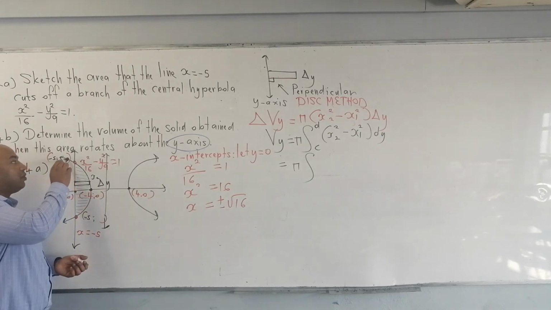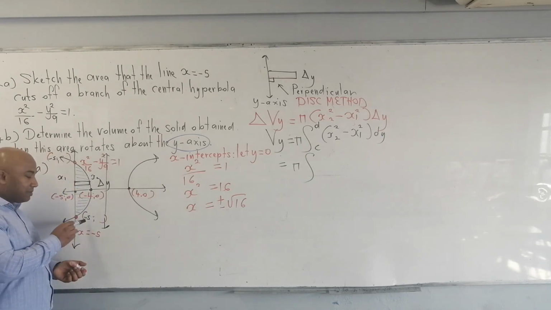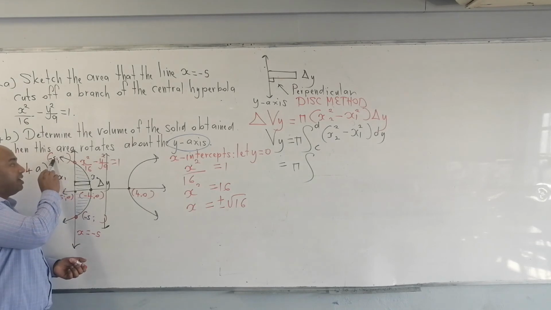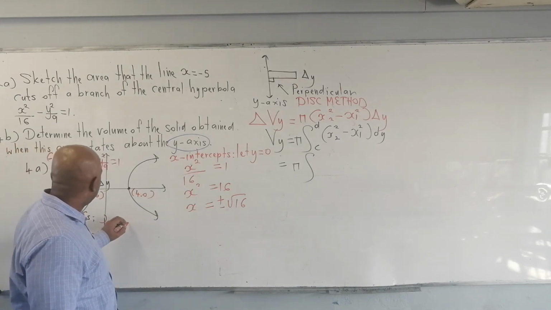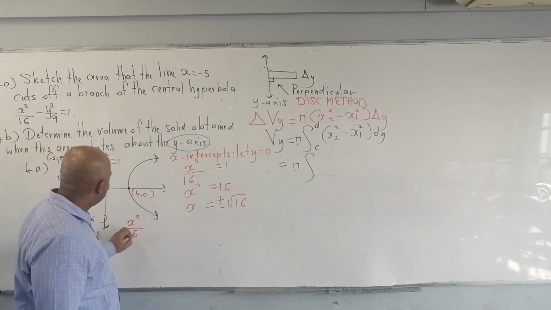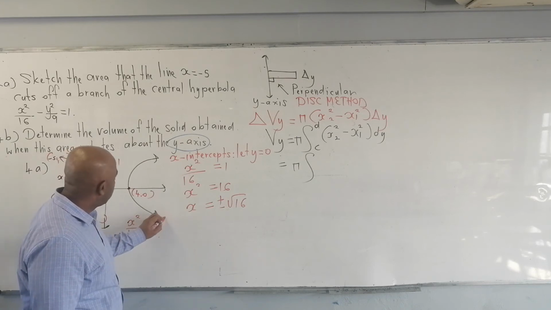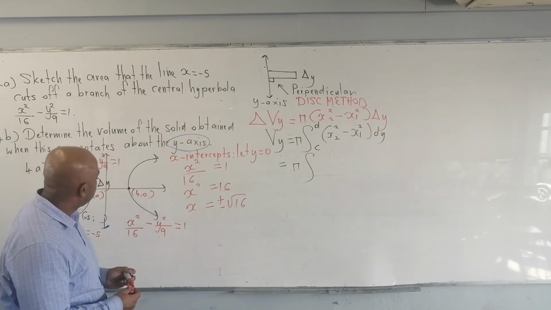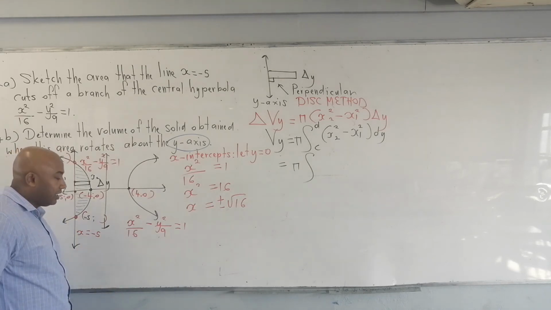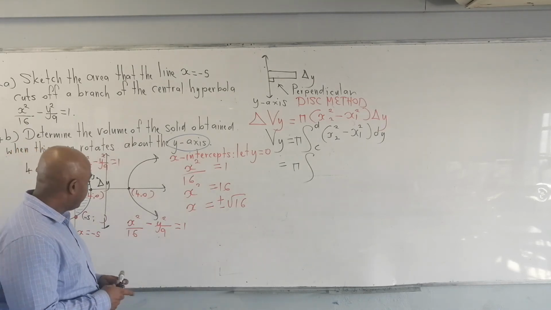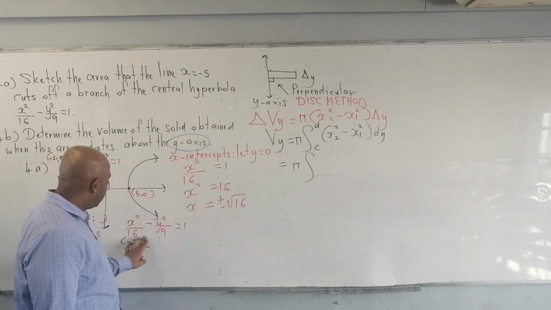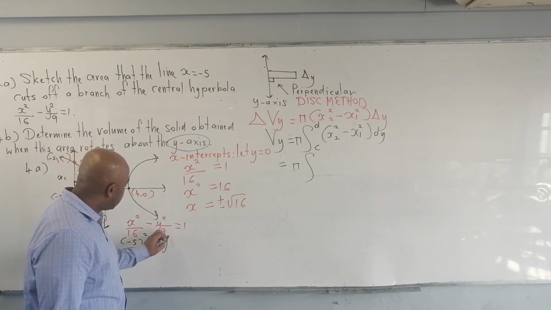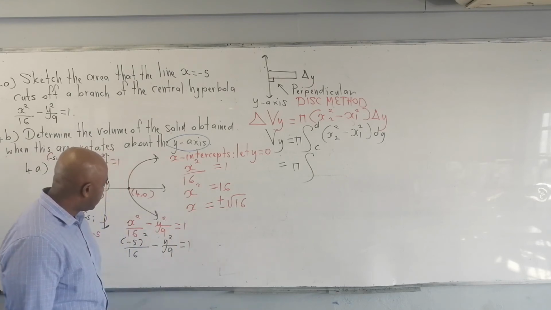So in order to find the y value, I will substitute the x value. We have an x value here of minus 5 into this equation, and we can work out the y value. So x squared over 16 minus y squared over 9 is equal to 1. I know that x is equal to minus 5. So that's going to be minus 5 squared over 16 minus y squared over 9 is equal to 1.